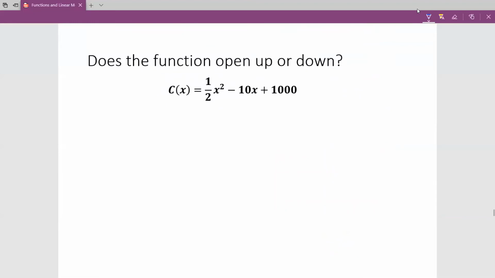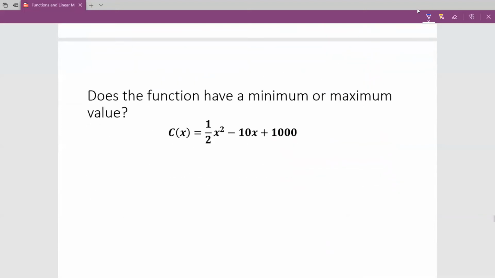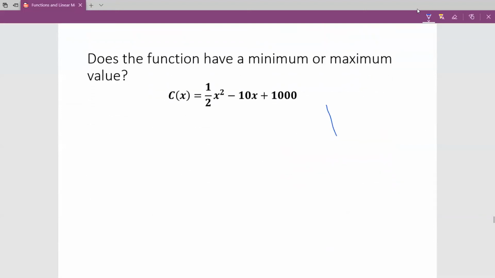Does the function open up or down? Since a equals 1/2, which is more than 0, it opens up. And since it opens up, it has a minimum value.